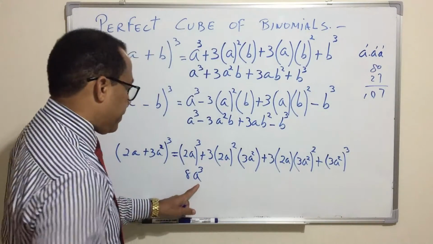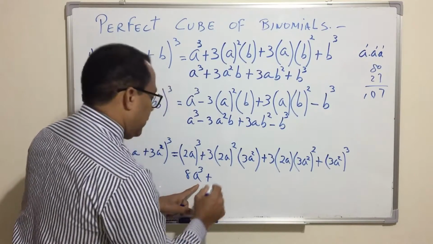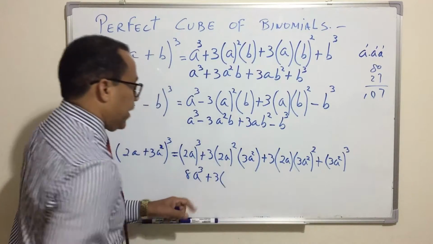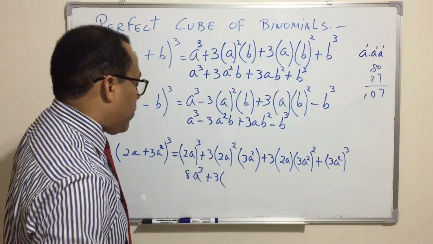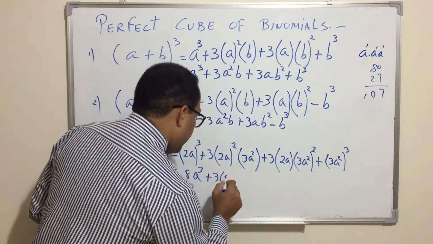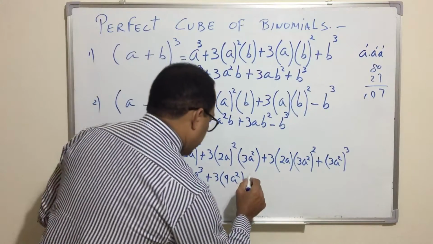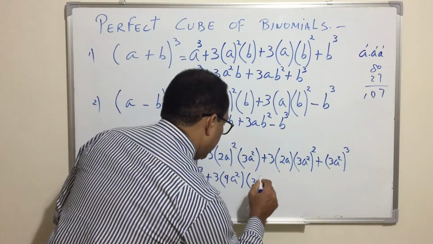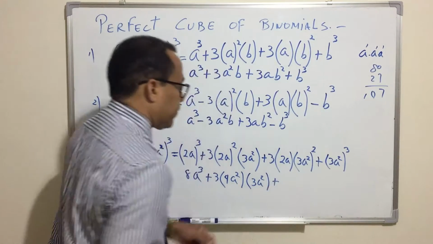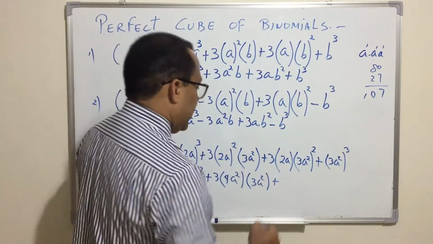Here it is. Plus 3 multiply times 2a to the second power is 2 times 2 is 4. A to the second power times 3a to the second power. Plus 3 times 2a is 6a.